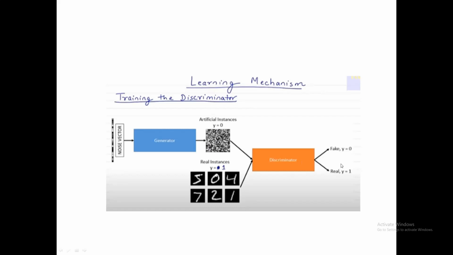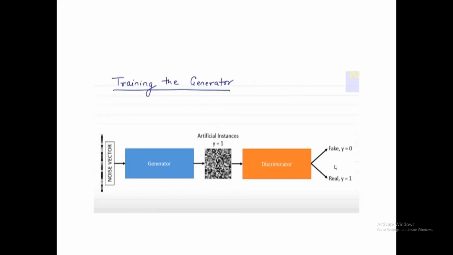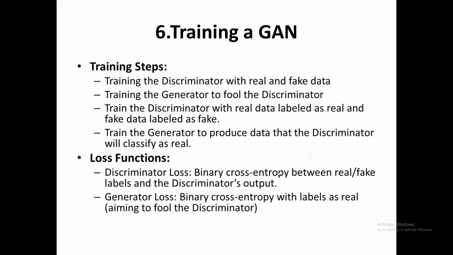So it classifies fake and real. If it is fake it means 0, real means 1. So in training the generator, the generator has to generate the artificial images so that y is equal to 1. Then only the discriminator will find it too difficult to tell which one is fake or real.